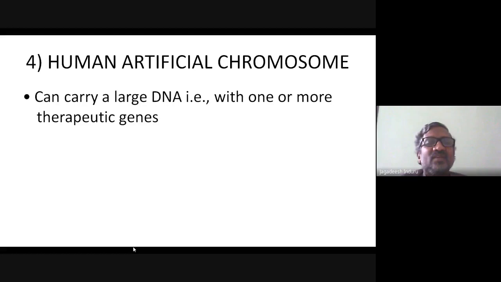So in the human artificial chromosome, we have a simulation of the human DNA with alterations. This entire chromosome has alterations in one or more therapeutic genes, which will be used for the specific purpose of correcting a defective gene or the defective area.